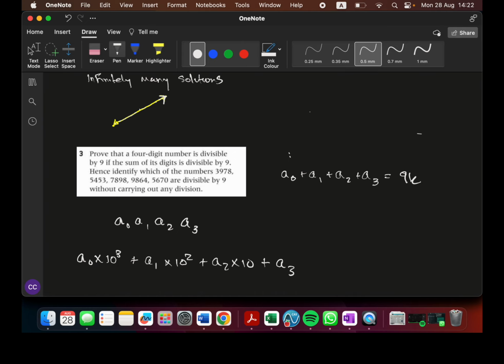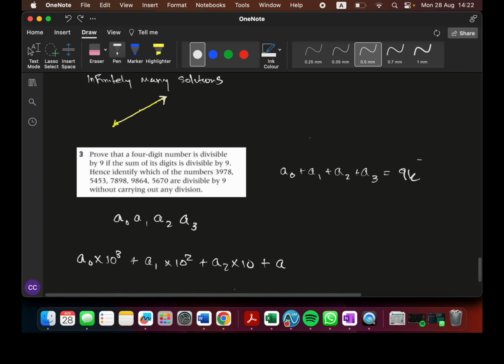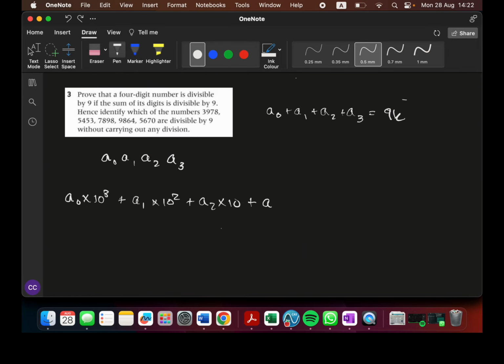That's because this value here isn't just A0, it's technically A0 times 1,000. We have to recognize it like that. This is the part that took me a second to realize.